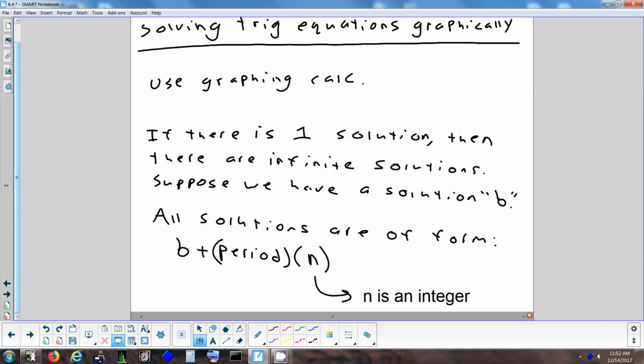Let's say you did second calc intersect and you got an answer of 2 and the period was 3. Well, that means you're going to get another answer at 5. You would get another answer at 8, at 11. You're going to get another answer every period, every 3 units. I just picked a simple number. And that works the other way too. If you go back a period, go back 3 units, that'll be another answer. Okay, so find one solution, put plus the period times n. And that's all.